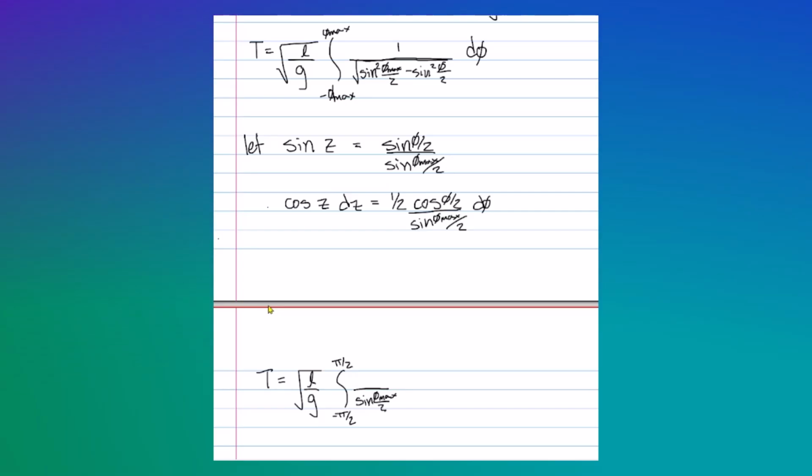Then sine phi max over 2 on the denominator, along with the radical in the denominator with 1 minus sine of z squared.